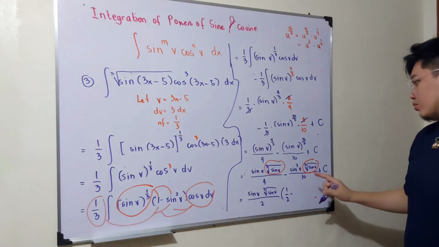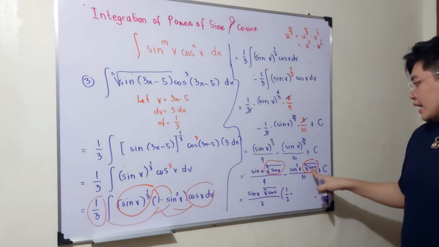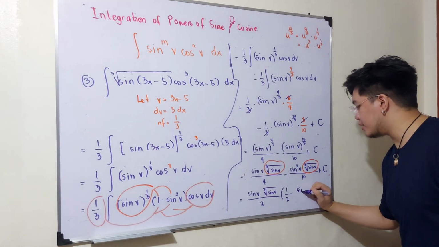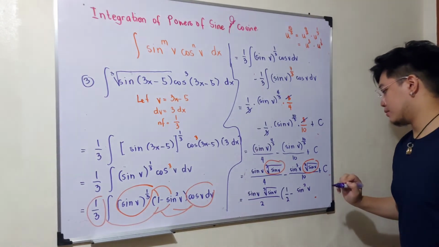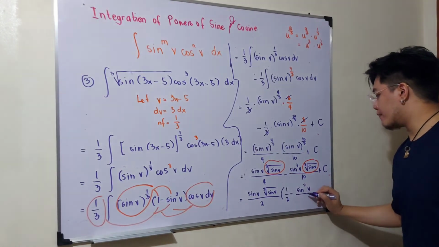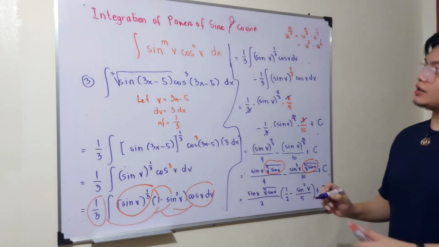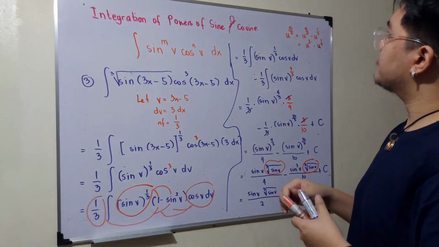Tapos ito, so wala na itong ganito, tapos wala na rin 1, so we have sine squared. And then over 5 plus c. So simplify pa natin guys.